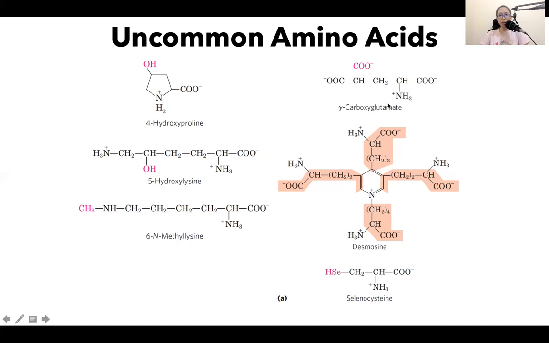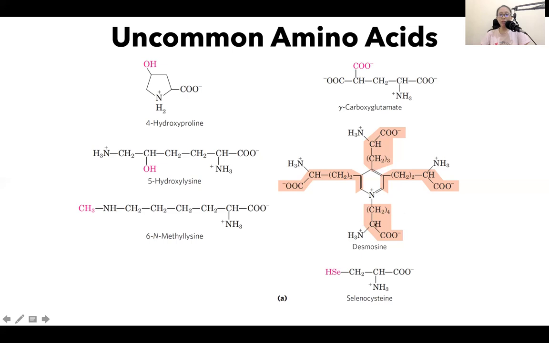So this is a derivative of glutamate. In carbon number 4, this is supposed to be CH2 if it's glutamate. But instead of a hydrogen, there's another carboxylic acid functional group attached to it. So it's gamma because if you recall, this is our alpha carbon. So alpha, beta, gamma, gamma-carboxyglutamate.